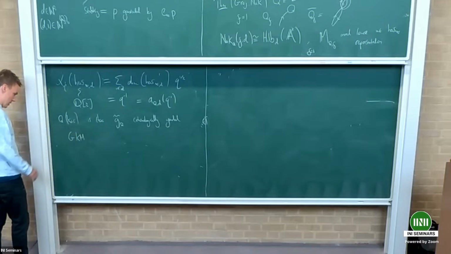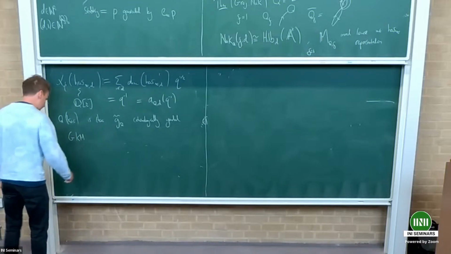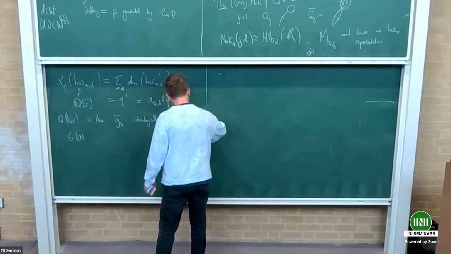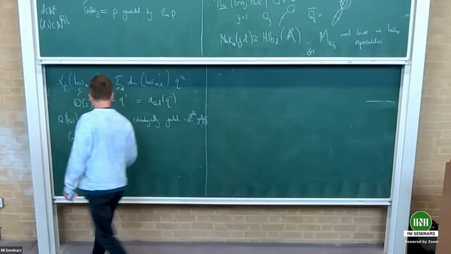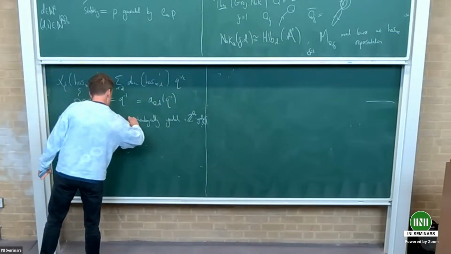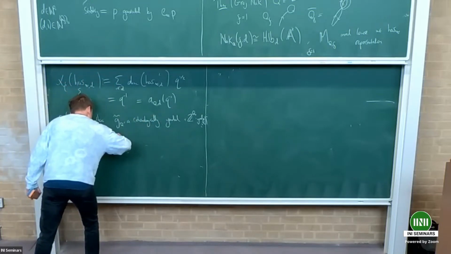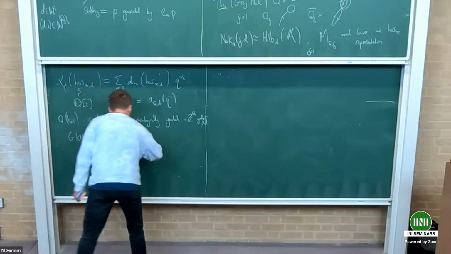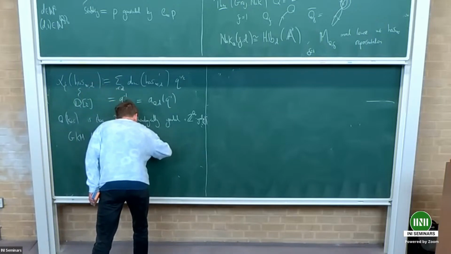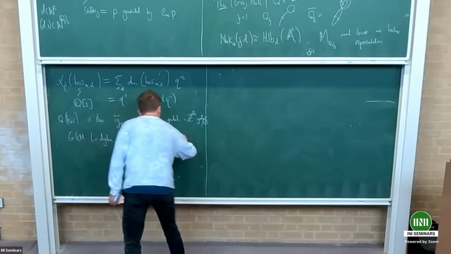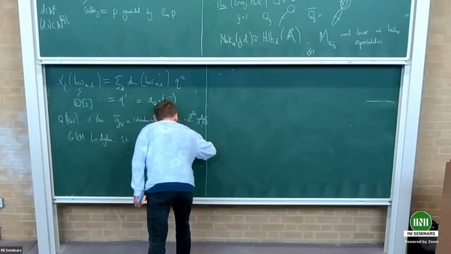So a special type of graded Lie algebra, cohomologically graded plus Z graded, such that if I take the characteristic function of the dth graded piece, I get the same relation: A, Q, D, Q inverse.